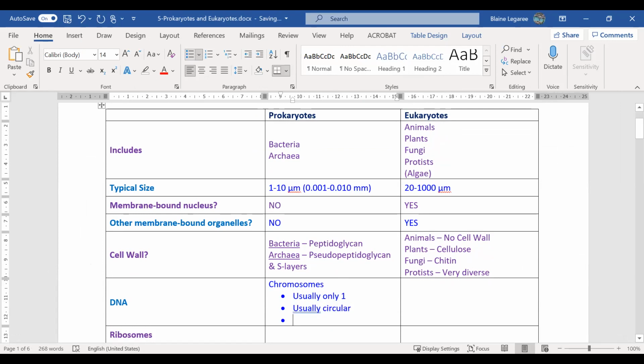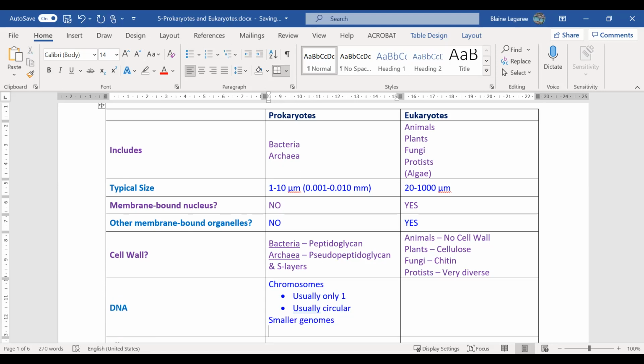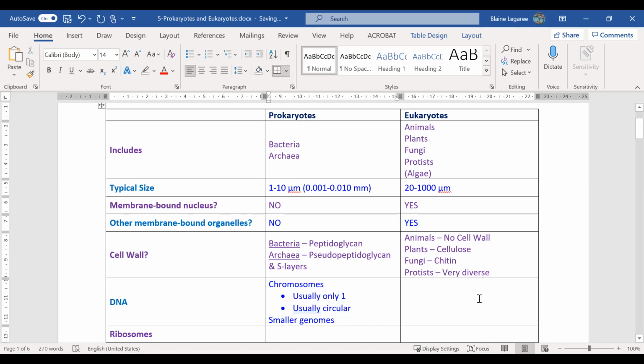I don't want to say like hula hoops, they're more like elastic bands where they're a little bit more tangled up. What else can we say about the DNA? We have smaller genomes. And maybe I'll just leave it at that for now. We are going to talk a lot about DNA later on in the course.